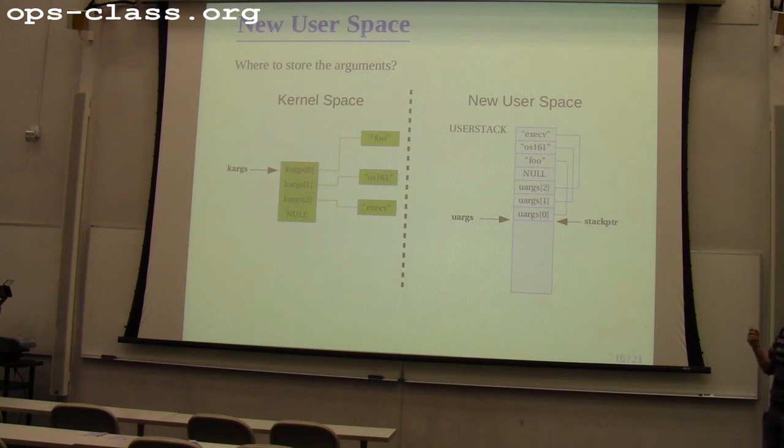You need to figure out how much space you need. That space includes all the actual content of the arguments and also the pointer array. As soon as you figure that out, you can just subtract that length from the stack pointer to reserve space for the arguments. And then now you have all this space.